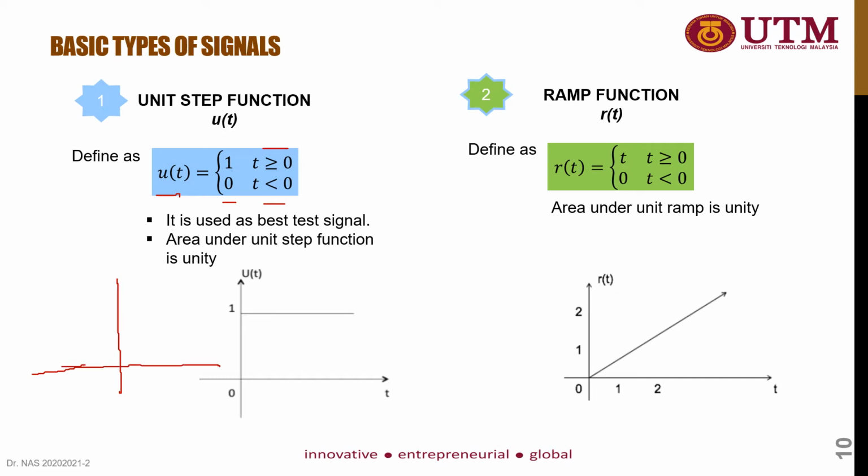So the amplitude is always 0 when t is less than 0, and always 1 when t is larger than 0. So this is u(t) and this is t.